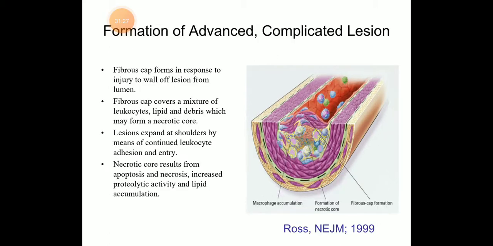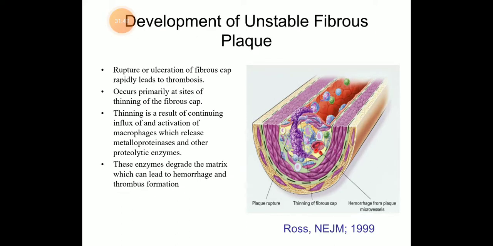You just see the lumen is being narrowed, and this narrowing of the lumen of the blood vessel is responsible for most of the things. It leads to advanced and complicated lesions, and later on it may lead to formation of unstable fibrous plaque and ultimately the rupture of that plaque.